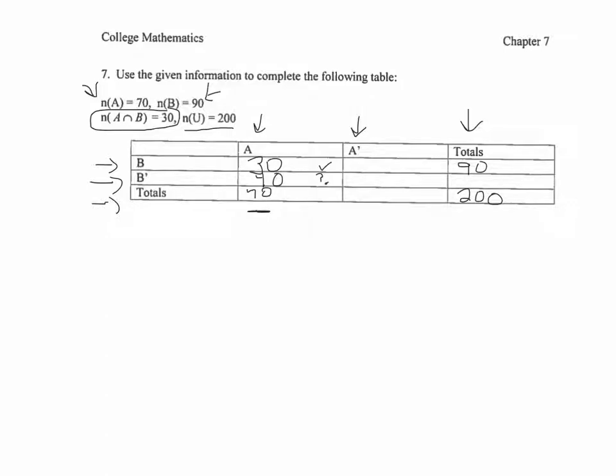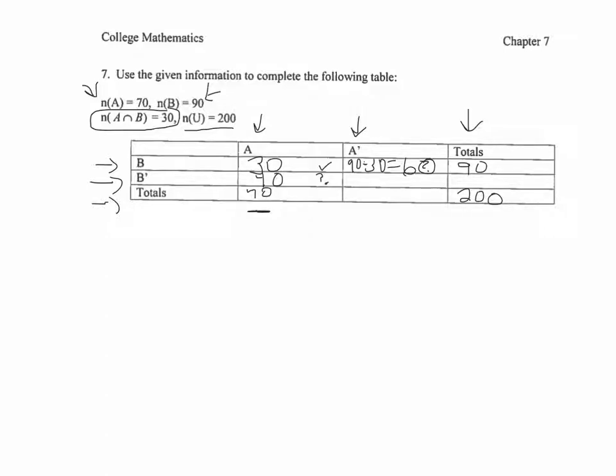Let's look at going across, and what I know is there are 30 that are in both A and B. What I don't know is how many are not in A, are in A complement and in B. But I do know that if I added everything that's in B, it's going to equal 90. So if I subtract 90 minus 30, I'm going to get 60. That's what goes in that box.